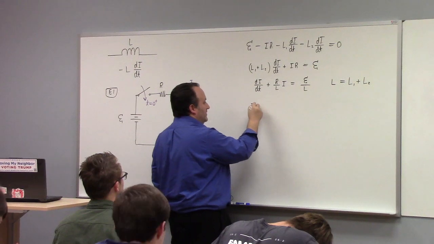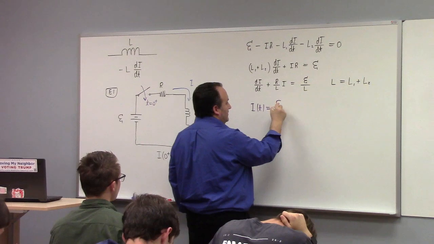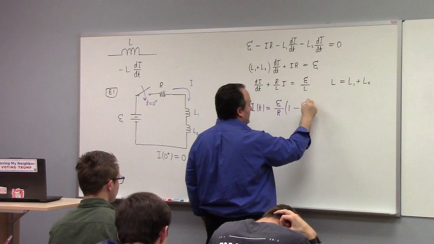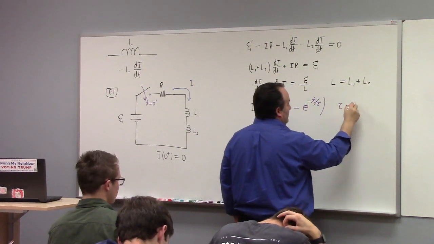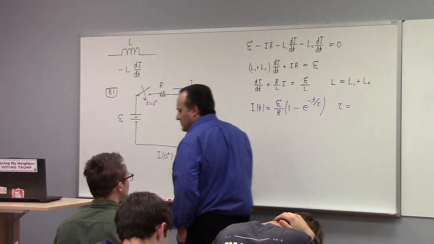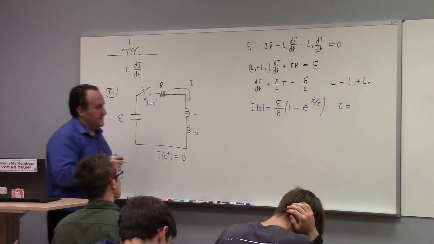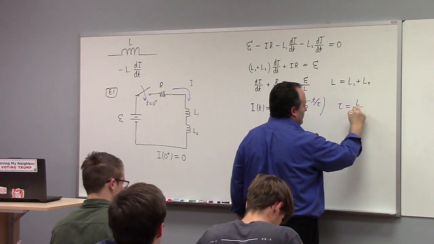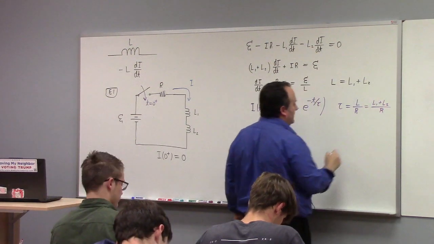I of t is equal to E over R times 1 minus e to the minus t over tau, where tau is equal to L over R. So in this case, L over R, which of course for us is going to be L1 plus L2 over R.